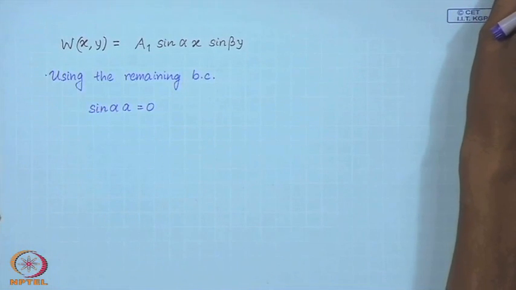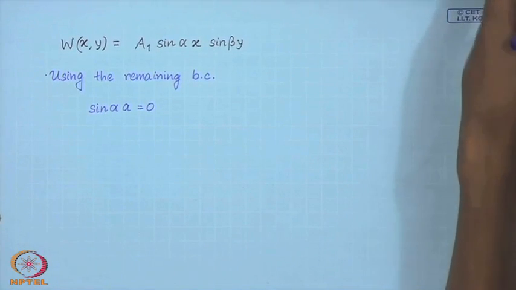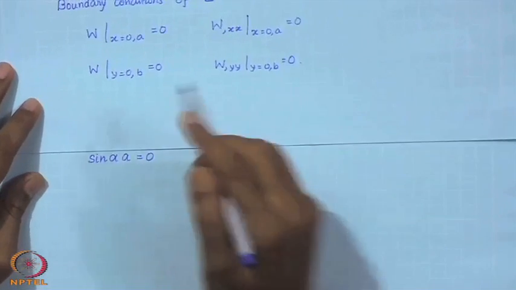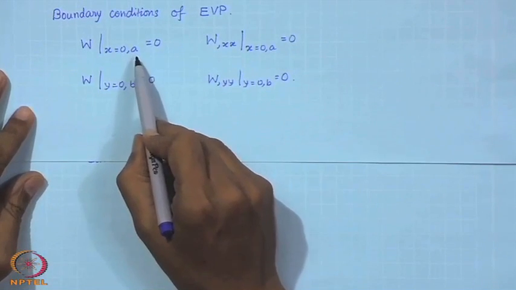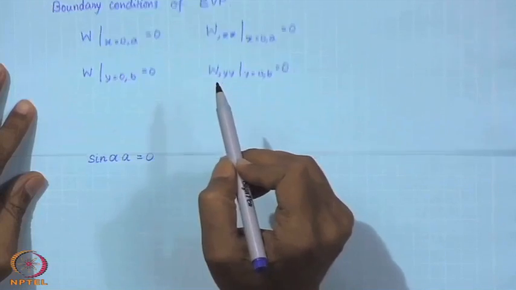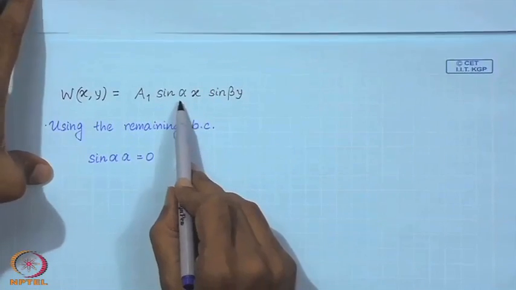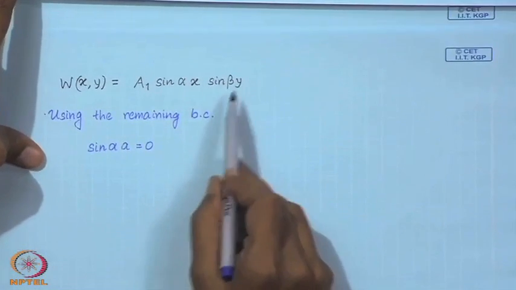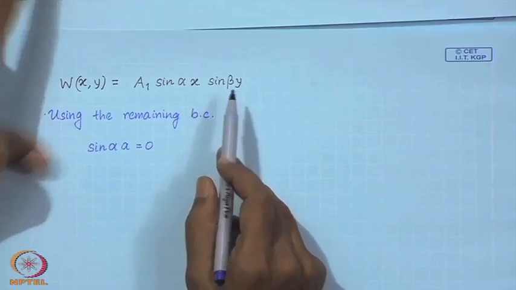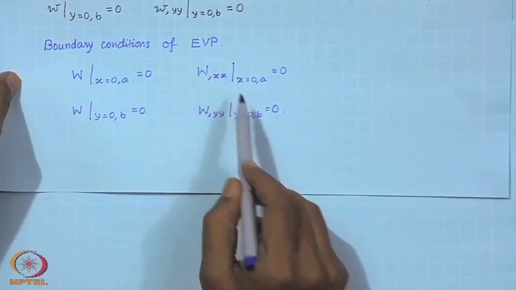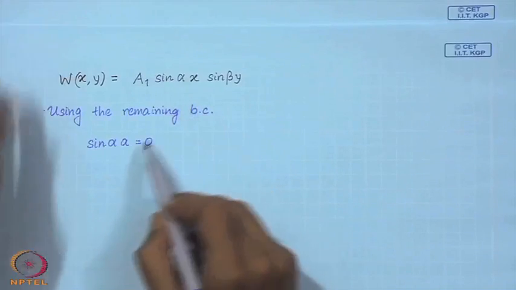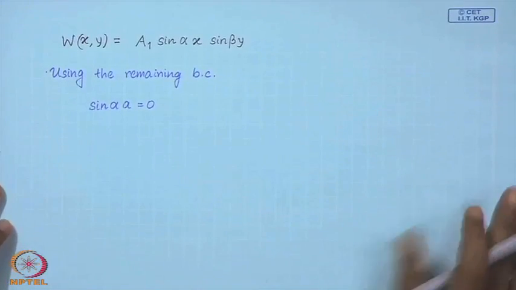So, for example, when you use w at x equal to a equals 0, sine of alpha a for all y must be 0, and when you take the double derivative with respect to x, again you will get sine of alpha a equal to 0.